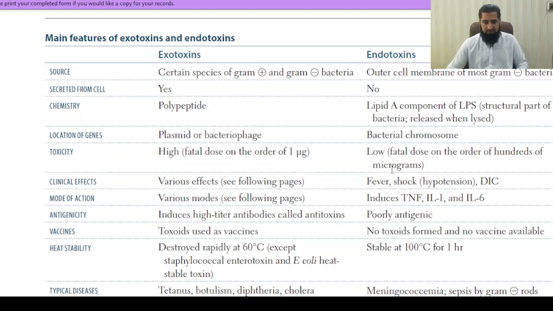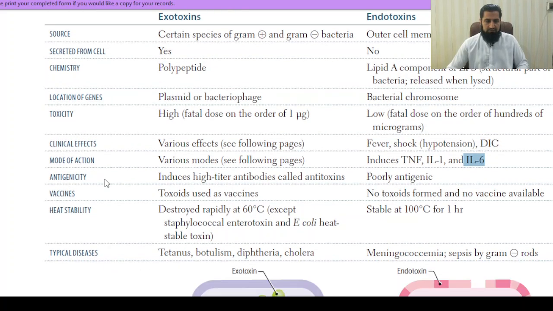For endotoxin, the clinical effects will be fever, shock like hypotension, and DIC, disseminated intravascular coagulation. Mediators for endotoxin induce tumor necrosis factor, interleukin 1 and interleukin 6.